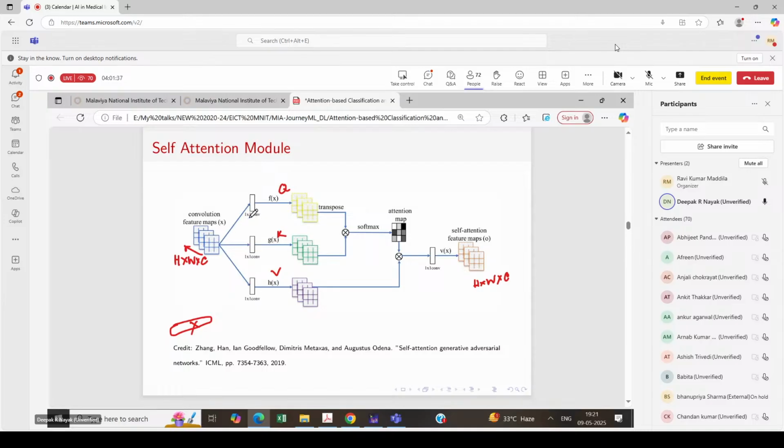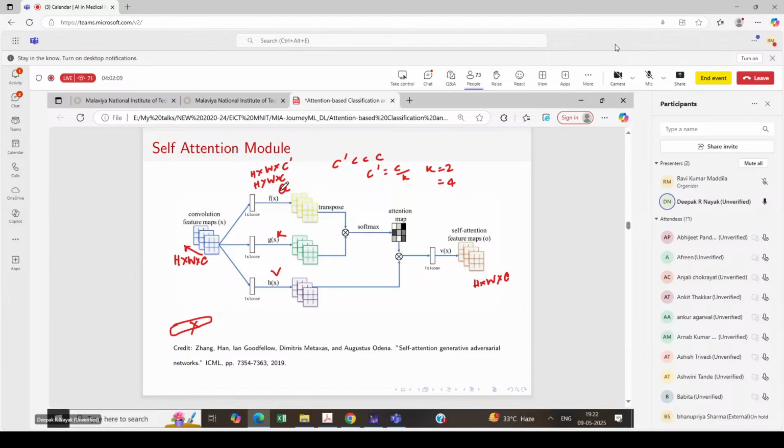If you apply a 1x1 convolution, you will get the output H cross W cross C. Sometimes if you want, you can also reduce the number of channels to C dash, because the number of computations is going to be very high. The C dash can be very much less than C. You can also choose C dash equal to C upon K, where K is the reduction factor. K can be 2, K can be 4, like that. Fine.